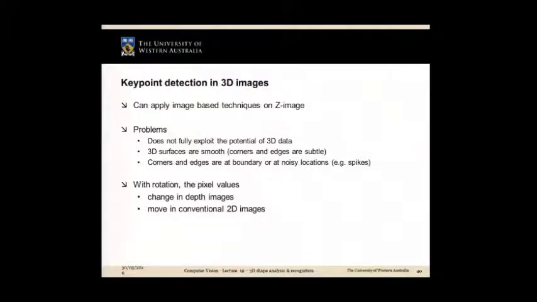Another problem is rotation: the pixel values change in depth images. Let's say you're looking at an object from one angle and you slightly move, the depth information changes because you see a different view of the same object, right? The location changes, the depth information changes. Is this the case with RGB as well?